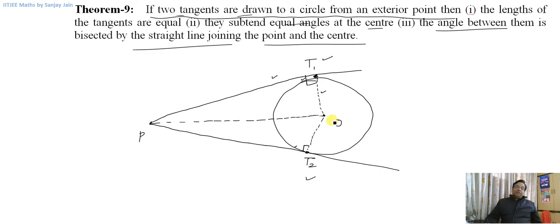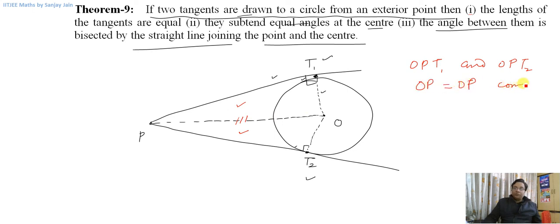Okay. Now once you have drawn this much, we can draw certain conclusions. If we look at these two triangles, that is OPT1 and OPT2, this line OP is a common side to both the triangles.